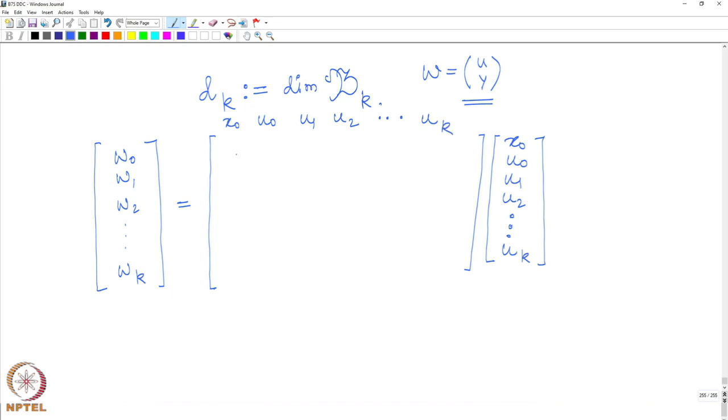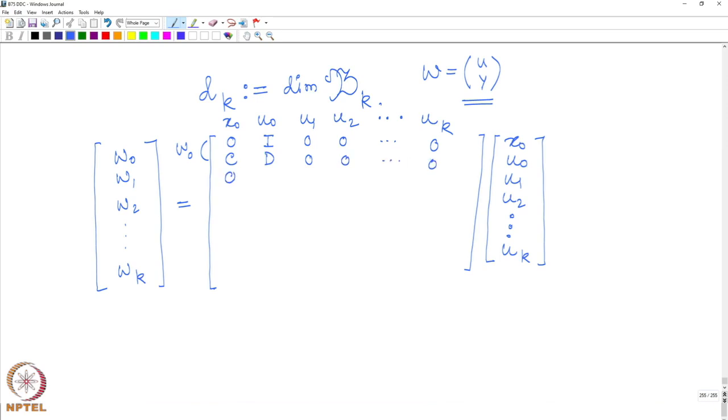W0 is u0 y0, right. So, first will be 0, identity, 0, 0, up to 0. Second will be, both of these correspond to W0. This is y0, and y0 is going to be C times x0 and D times u0, then 0, 0, up to 0.